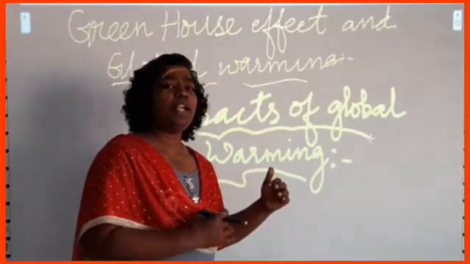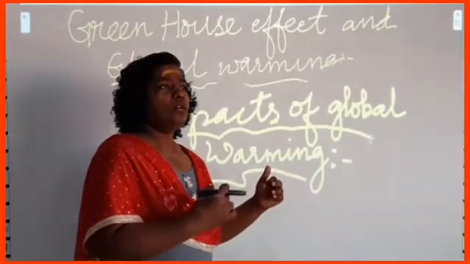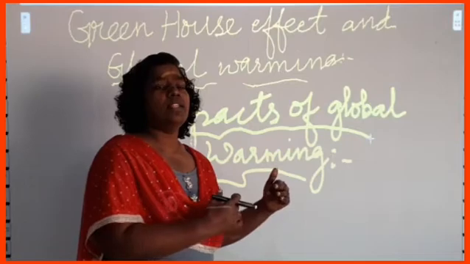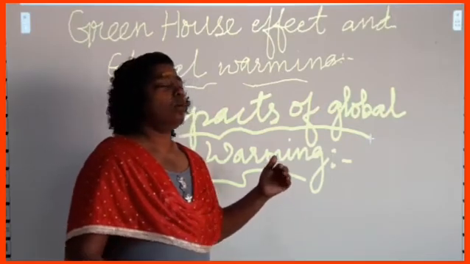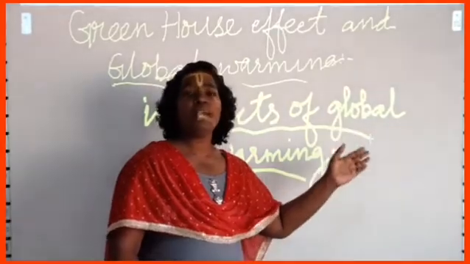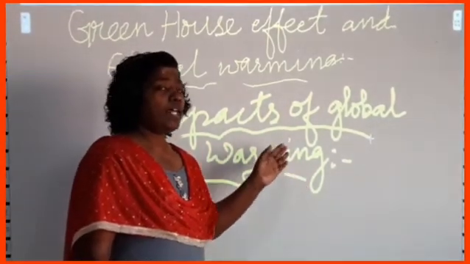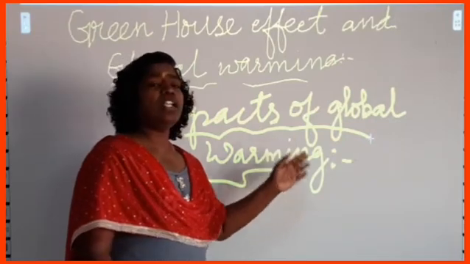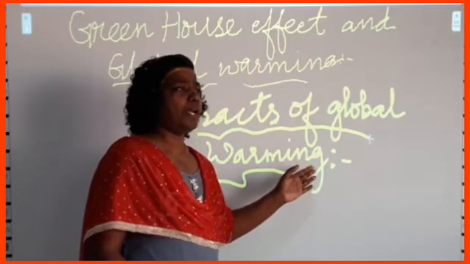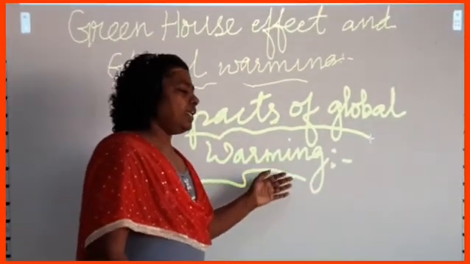For example, especially Bangladesh, Thailand, Malaysia, and in the USA, the southern part of the USA will also be affected because of the ocean water. If the ice melts continuously in the same manner, when the temperature increases, what happens? The land level decreases and the ocean level increases.